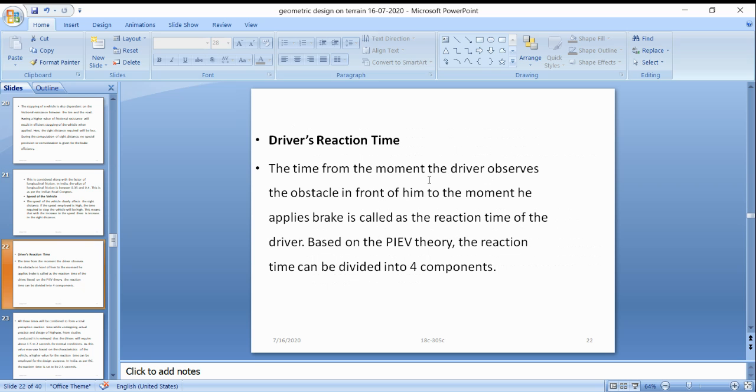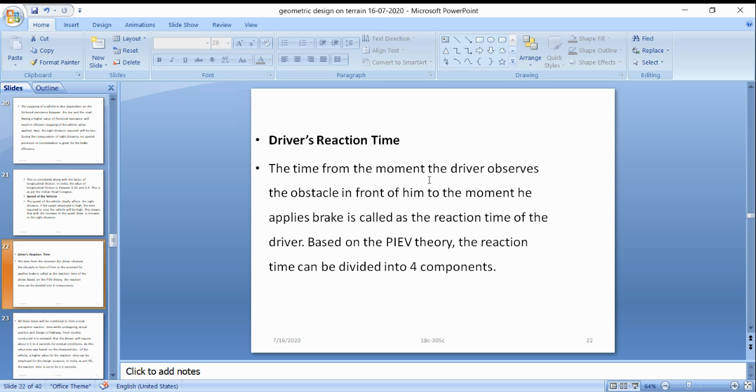Next comes the driver reaction time. The driver will have to react first, then only can he stop the vehicle, that is, apply the brake. So these two factors depend upon the driver reaction.